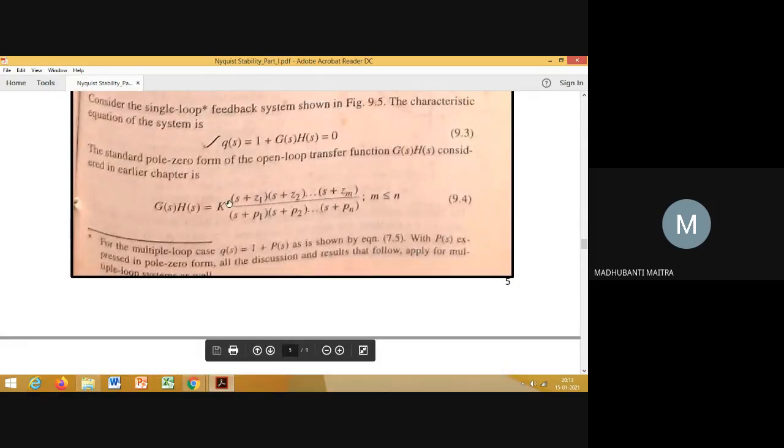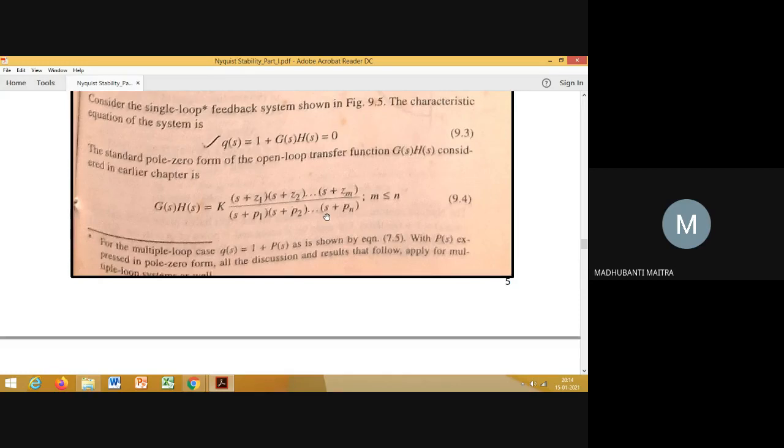So if the transfer function is something like this, k into the numerator part, I'm not discussing the numerator part. Suppose in the denominator we have three poles like s plus 1, s plus 2 and s minus 3. So simply by inspecting this open loop transfer function, we can find out that one open loop pole is in the right half of the S-plane.